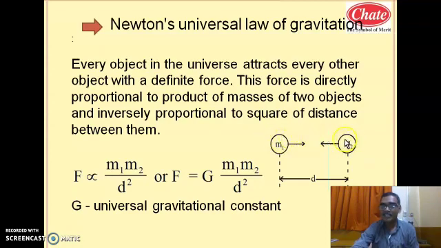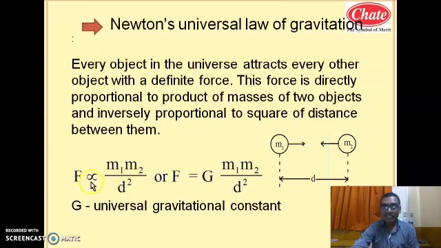It means if mass increases, force also increases. And it is inversely proportional to the square of the distance between them. It means if the distance increases, force decreases, and if distance decreases, force increases. The same statement can be written mathematically as F is directly proportional to m1 m2 by d square.